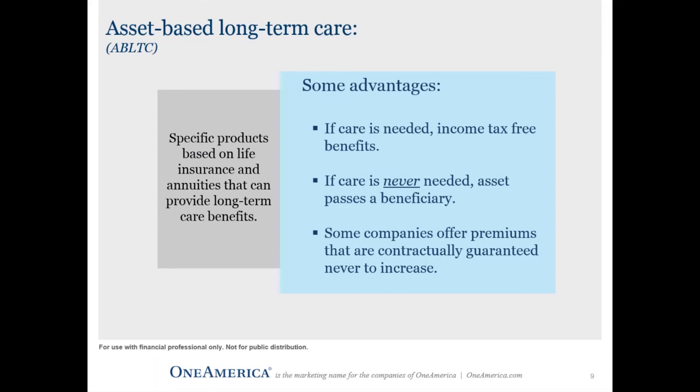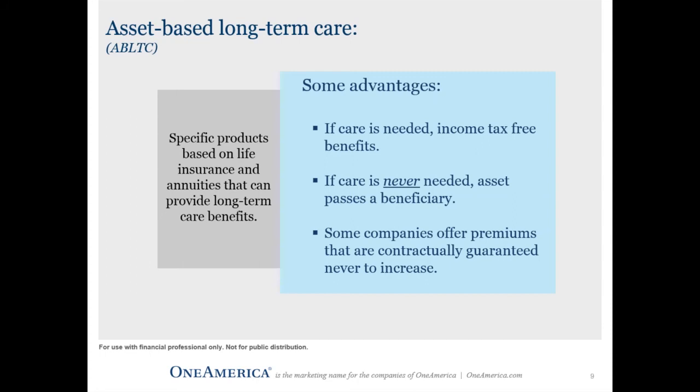The beauty of this asset-based approach is that there are known and positive outcomes. If you need care, you have dollars for that purpose. If you, as I always say, wake up an angel, you've got something going to a beneficiary. Or thirdly, if you ever change your mind, you can get some or all of your account value back. So there's a known and positive outcome.